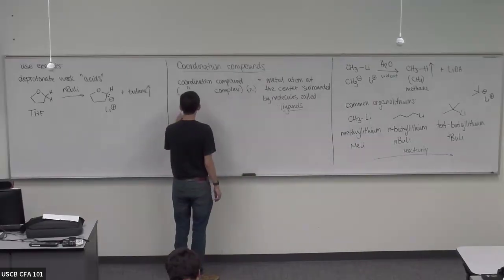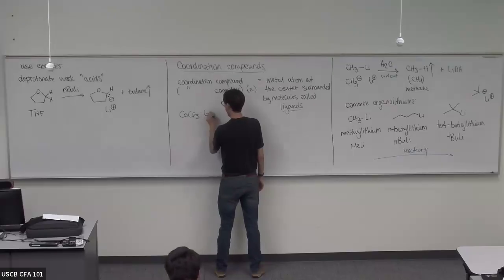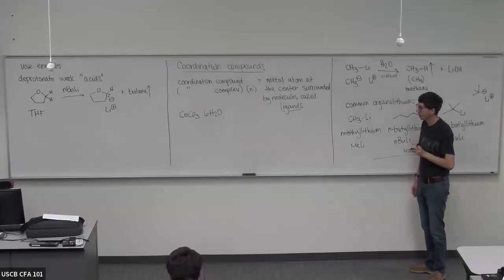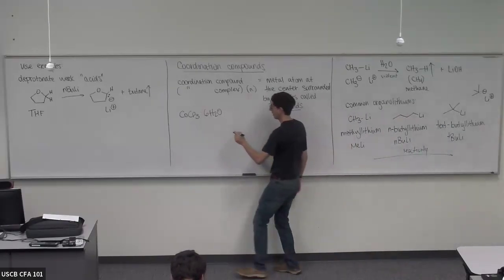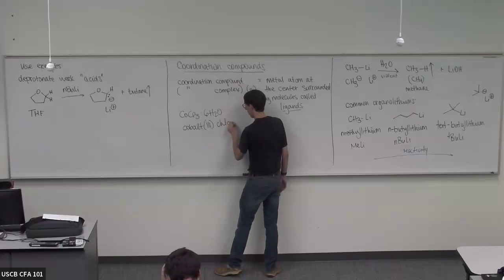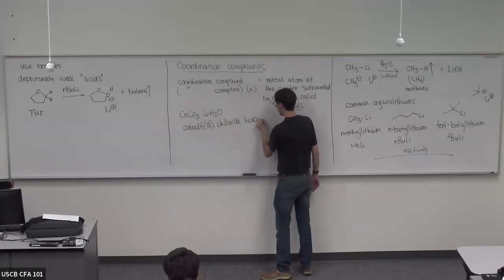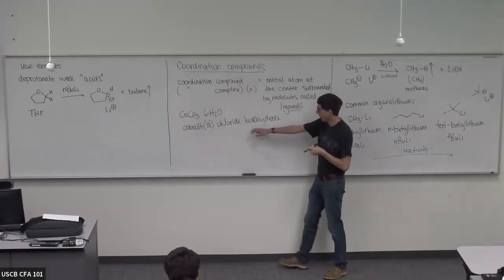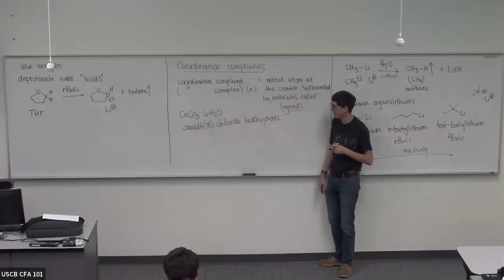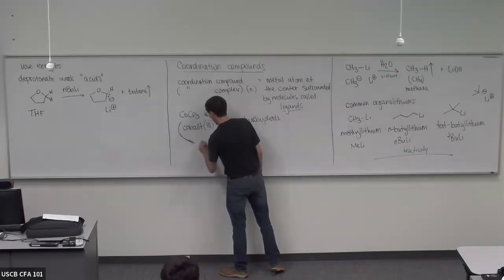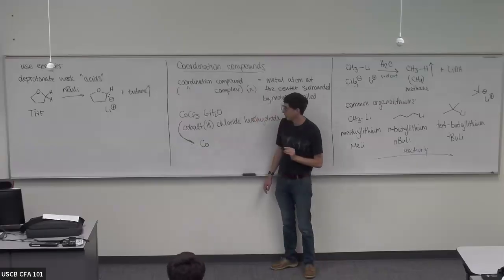So let's take what looks like a salt, cobalt 3 chloride hexahydrate. This is something that you might have seen in general chemistry, and you didn't know what the water part was about, you just sort of associated it with the molecule. And so you probably would have said that this is made up of a cobalt ion, which has what charge on it?